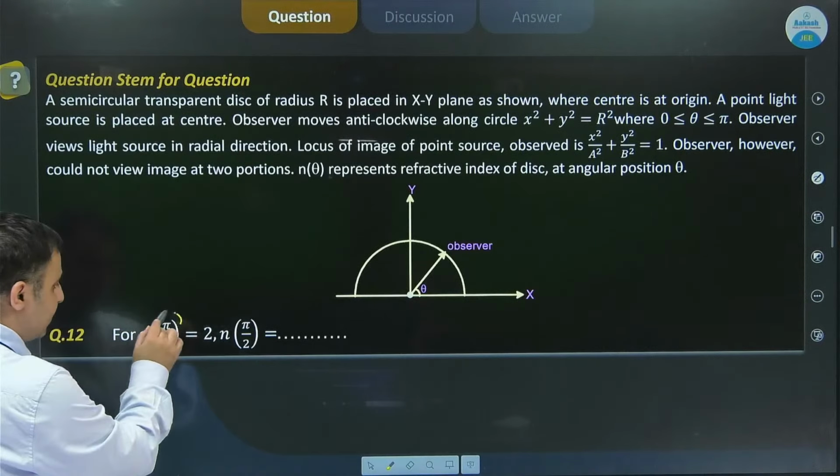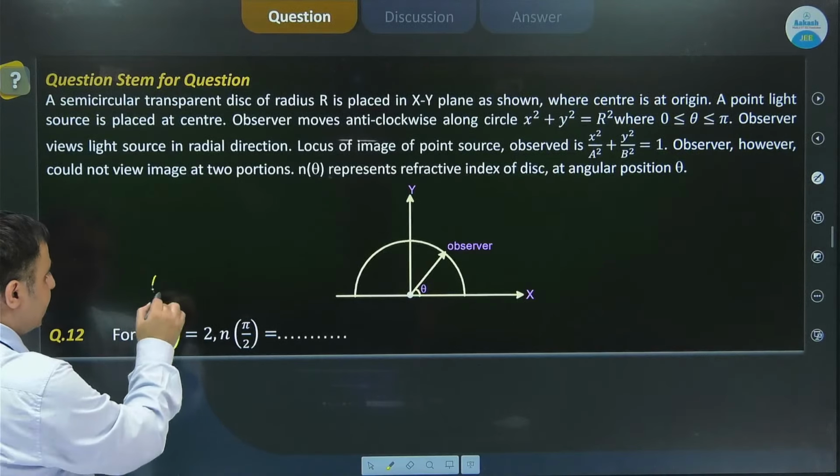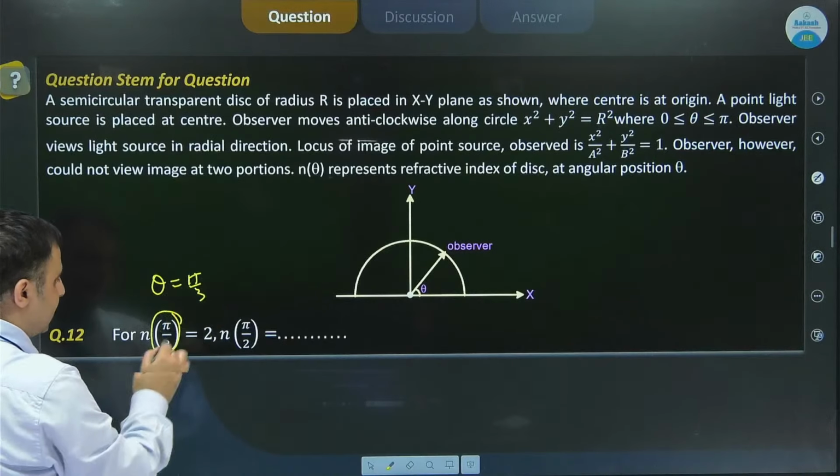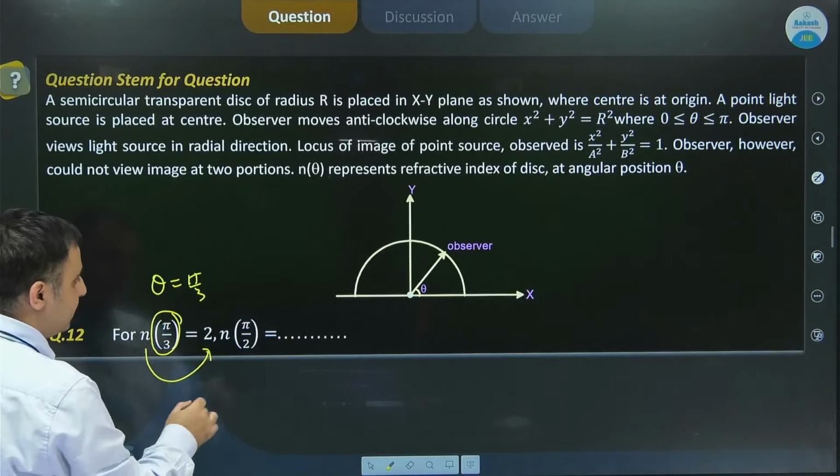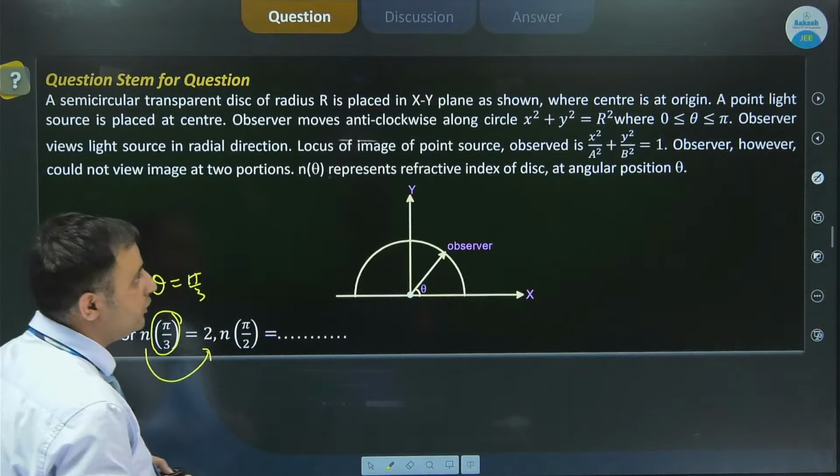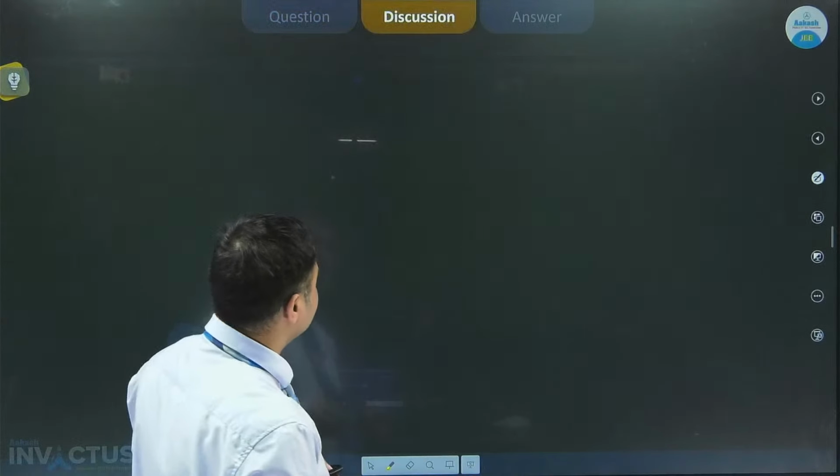For theta is equal to pi by 3, n is equal to 2, and we have to find the value of n for theta is equal to pi by 2.